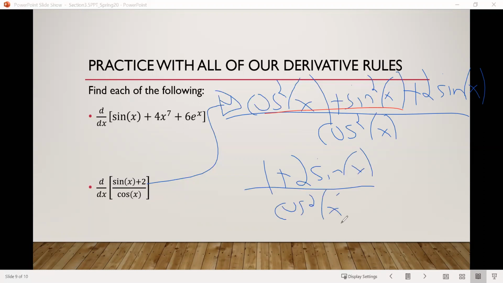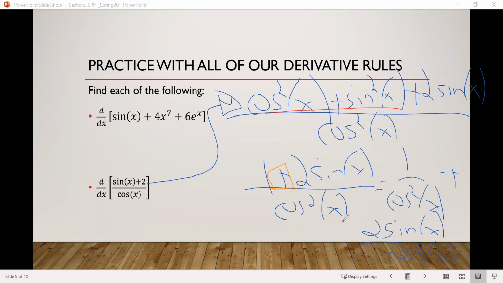And we could leave it like this, or notice because the stuff on the top is being added, we can break this apart into 1 over cosine squared of x plus 2 times sine of x over cosine squared of x.